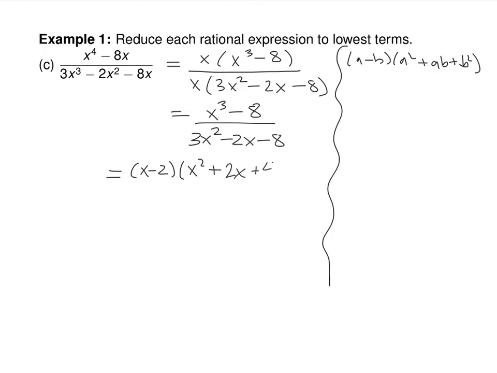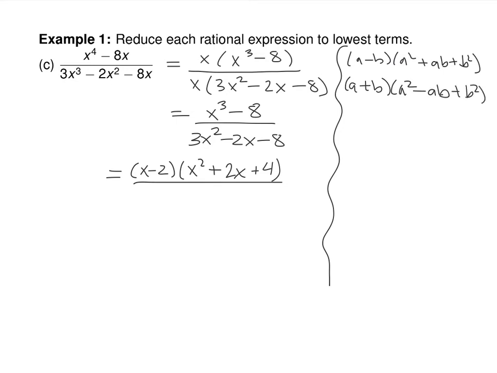Okay. How come you use the a minus b? How come I use this formula versus the one that has pluses in it? So you use the minus formula if that is a minus sign. Okay. It is also okay if you were to use the formula a plus b, a squared minus ab plus b squared.